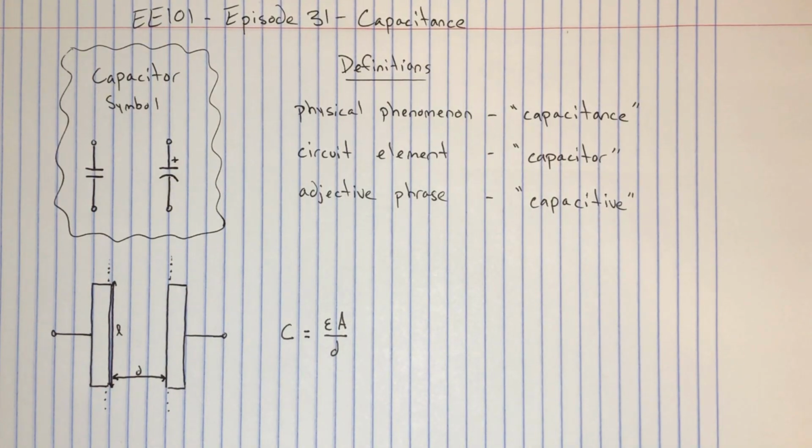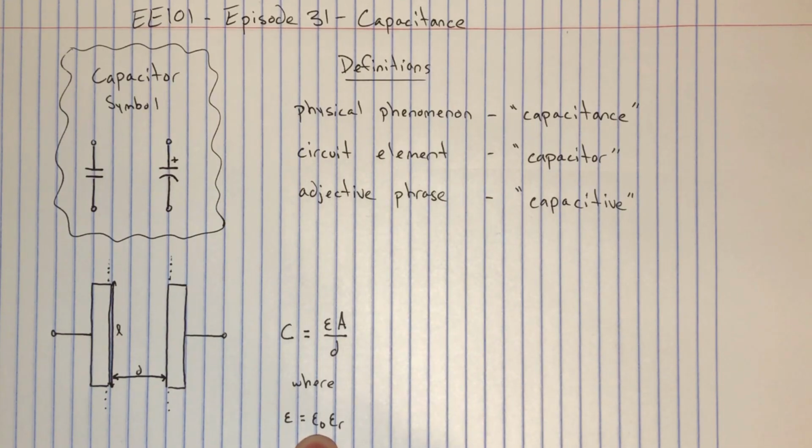The second is the inverse proportionality to the distance between the conductors. This means that the capacitance increases as the conductors get closer together. And third is the dependence on the dielectric material as denoted by the constant epsilon. The dielectric constant is composed of two parts. The first is denoted epsilon naught and is also known as the permittivity of free space.